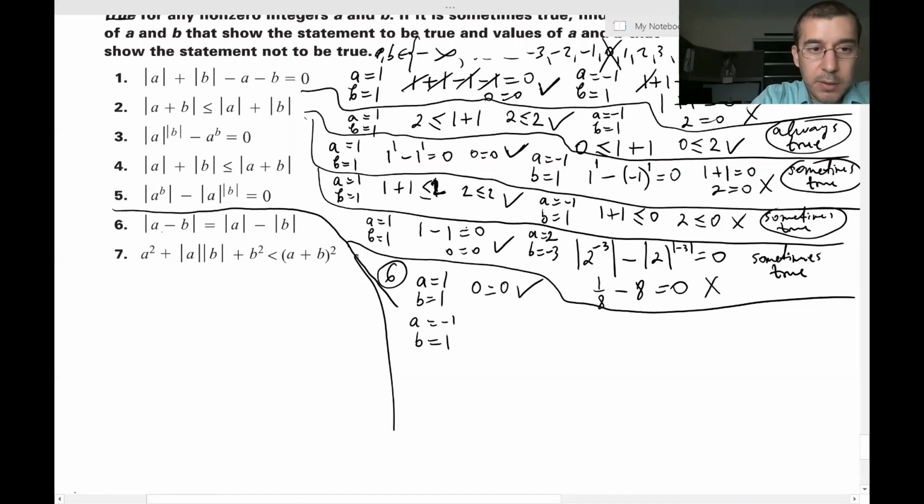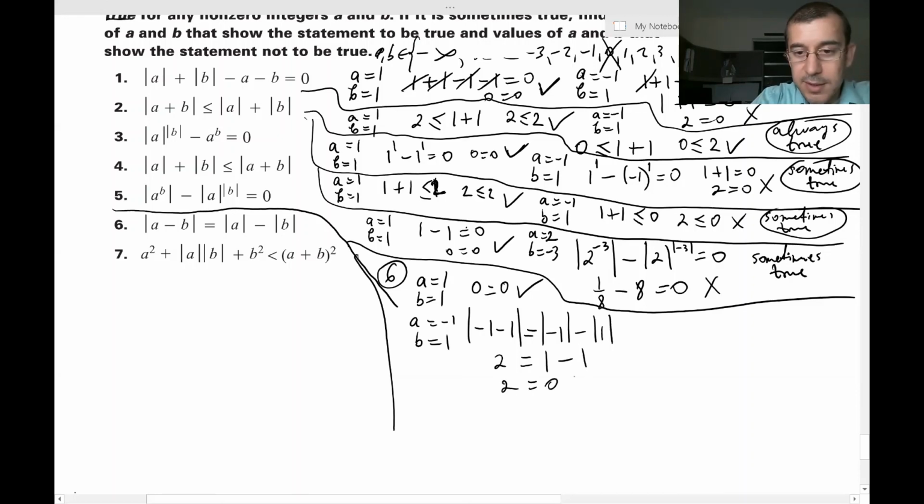So then we get minus 1 minus 1, and so that's minus 2. This is 2 equals 1. Minus 1's absolute value is 1, minus 1. 2 equals 0. This is not true. So this is sometimes true.